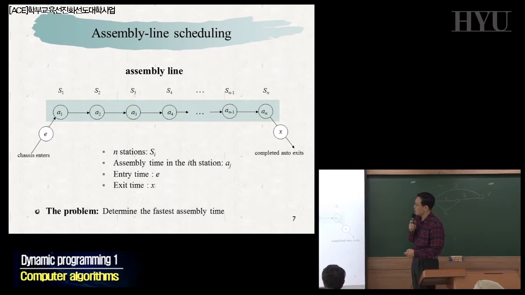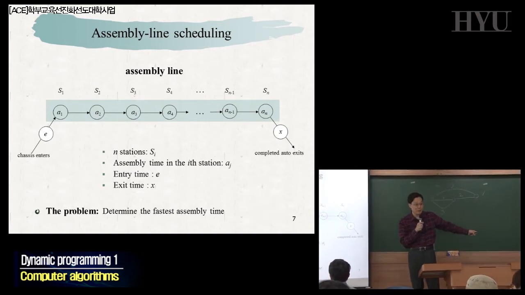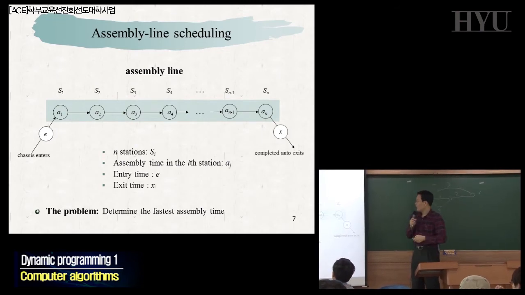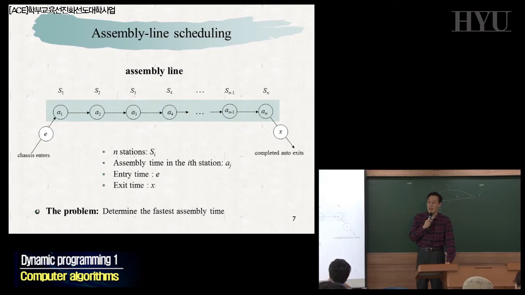And this time is entry time. That is to put a chassis into the conveyor belt. And this is the exit time, to take the completed car out of the assembly line.